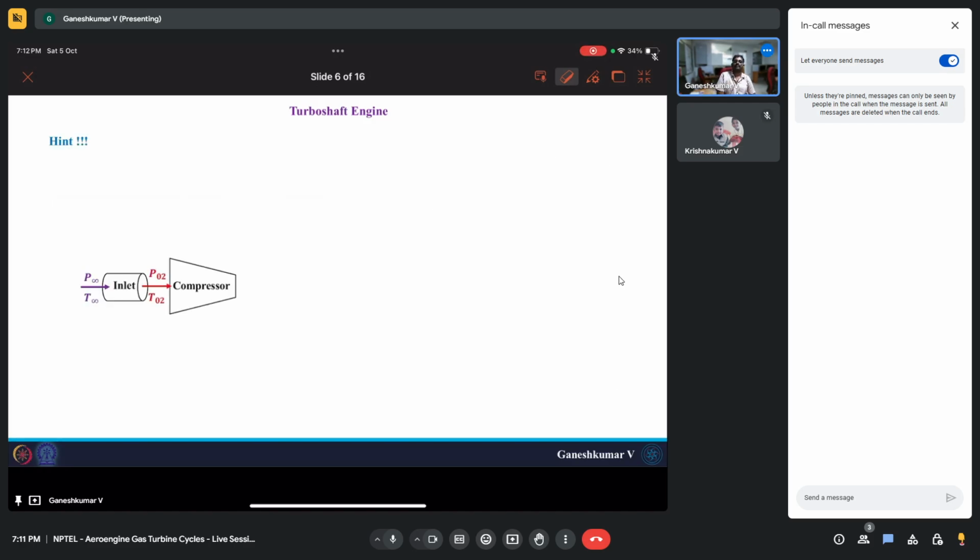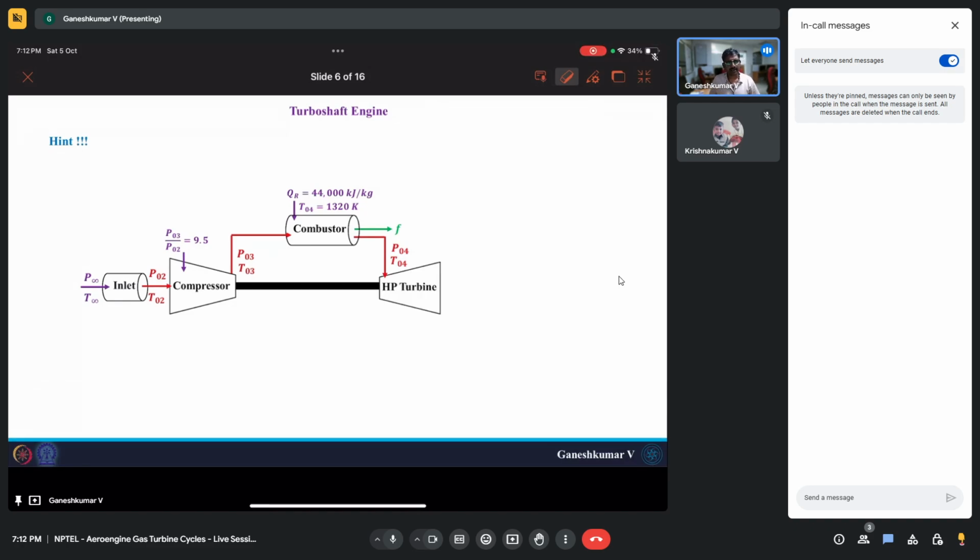So we all know how to solve this. We first need to start component-wise. First is the inlet, then the compressor with a pressure ratio of 9.5, and then the combustor. We know the turbine entry temperature, which is 1320 Kelvin, and based on that we need to find the fuel air ratio. Then you have the HP turbine, which is going to drive the compressor.